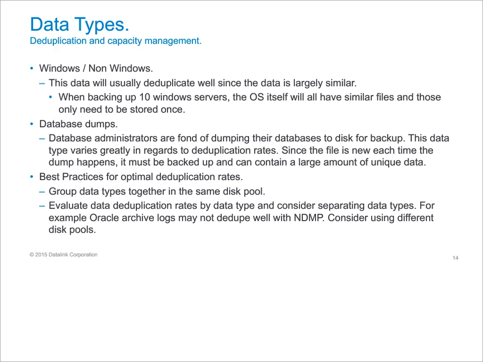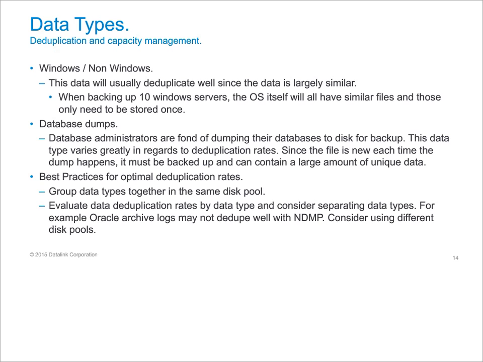Windows and non-Windows backups. These are your servers' operating systems. These will usually deduplicate very well. If you're backing up 10 Windows servers, the core Windows OS contains generally the same files.